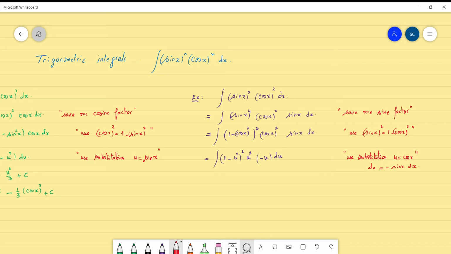So I made a mistake here, let's erase this part. So I have then minus du. So it's minus 1 du.